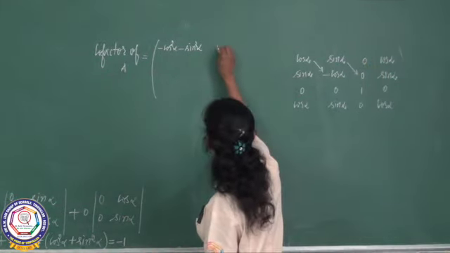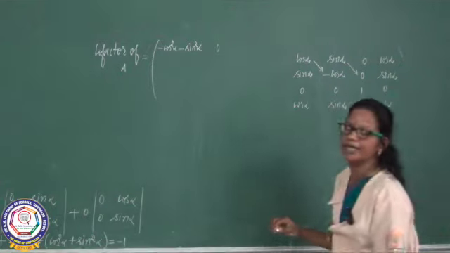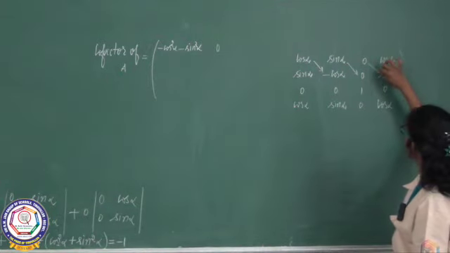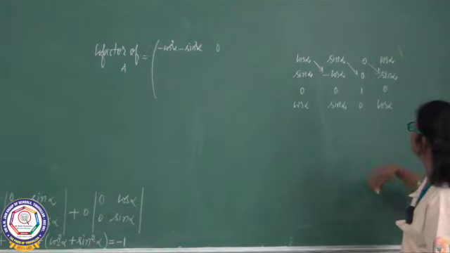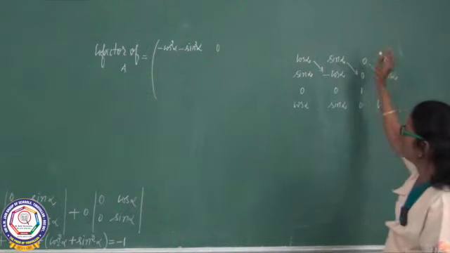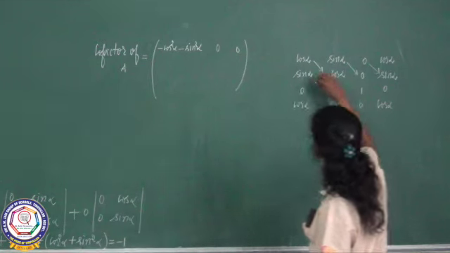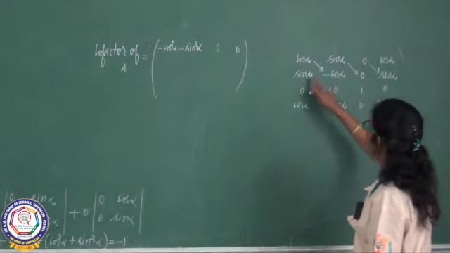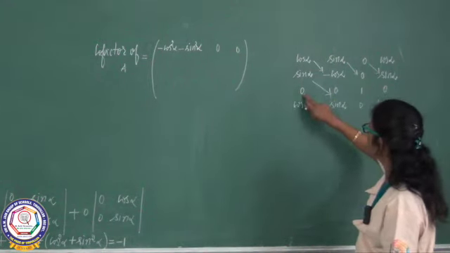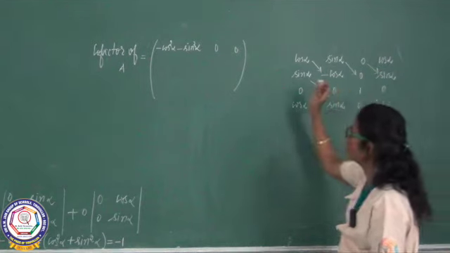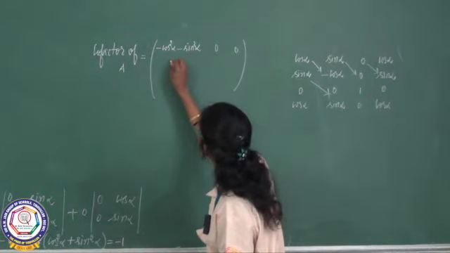So, directly you write 0 as the second element. The same way, 0 into sin alpha 0, 0 into cos alpha 0. Sin alpha into 0, 0, 0 into minus cos alpha 0.